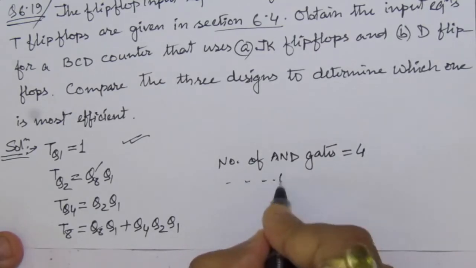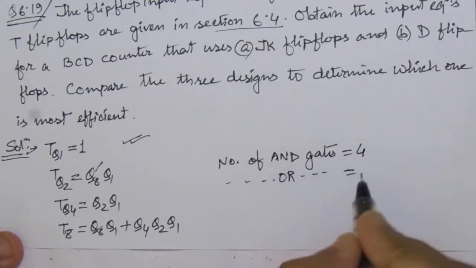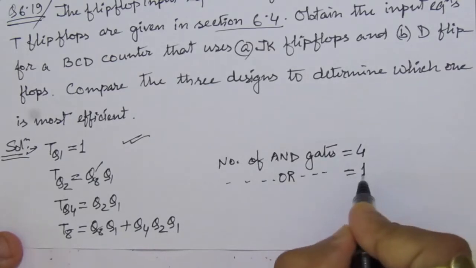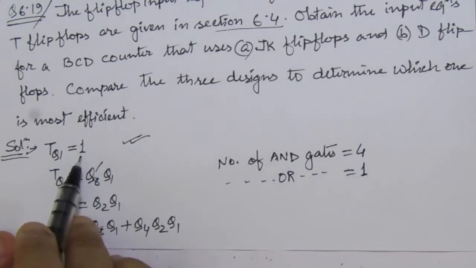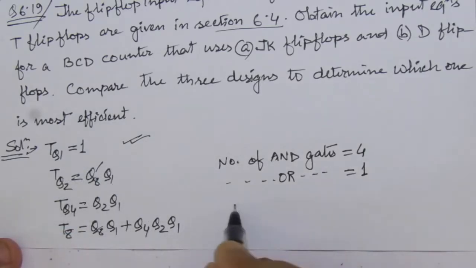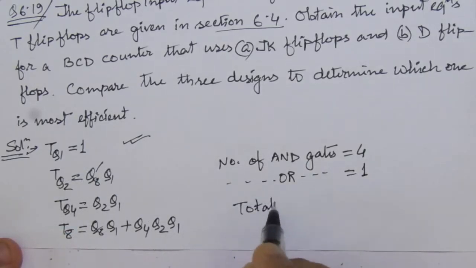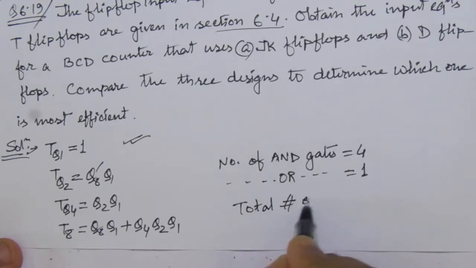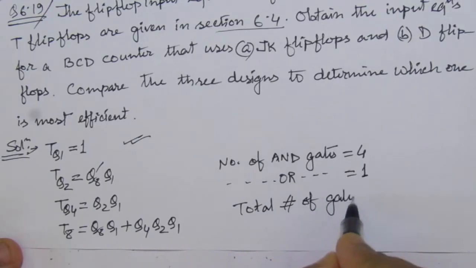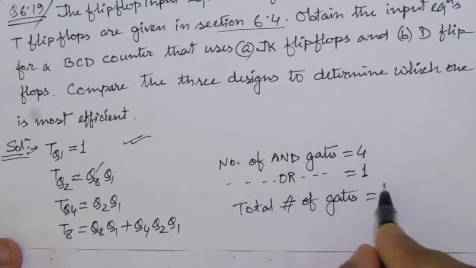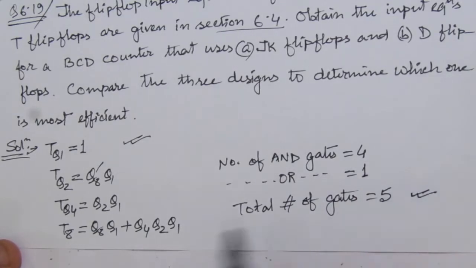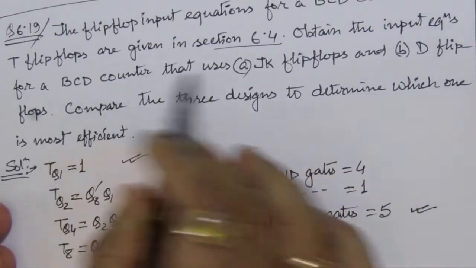The number of OR gates is only 1. Here you can directly connect to logic 1. So the total number of gates is 4 plus 1, which is 5. We need 5 gates in total for designing this BCD counter using T flip-flops.